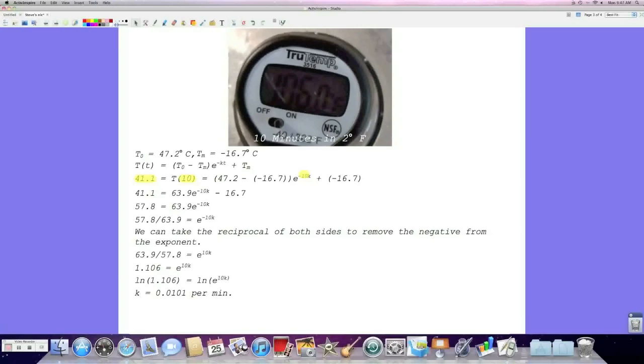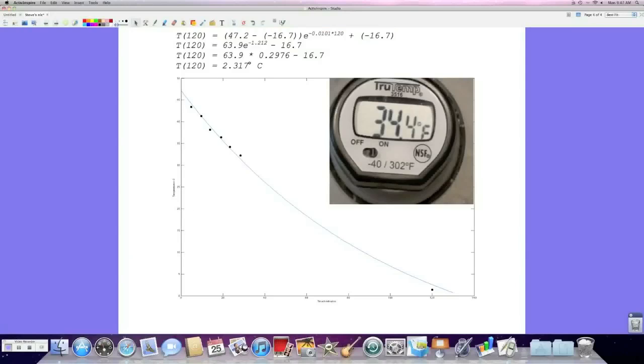Now that I've got that K, and I've got my starting temperature of the water and the freezer, I'm able to go back and plug those values into Newton's law. So what I did is I wanted to find out what would happen after 120 minutes. So I simply used that calculation again, and I'm trying to find T120 here.